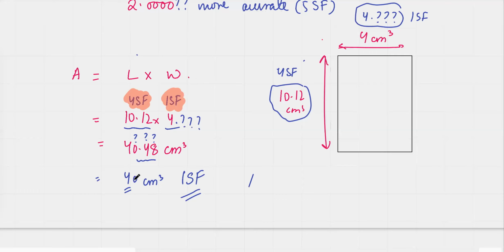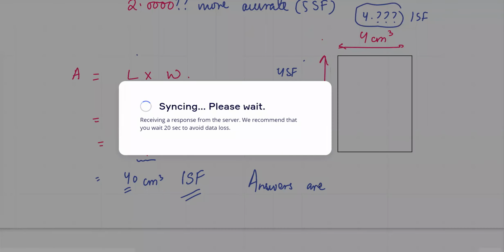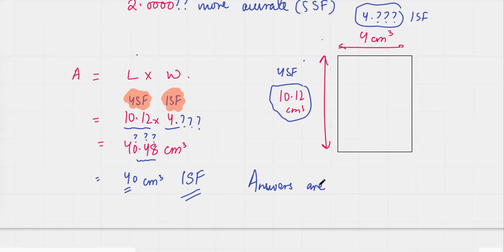Is this clear or no? Yes or no? Yes. So is the voice still lagging? Yes, sir. Just a second.